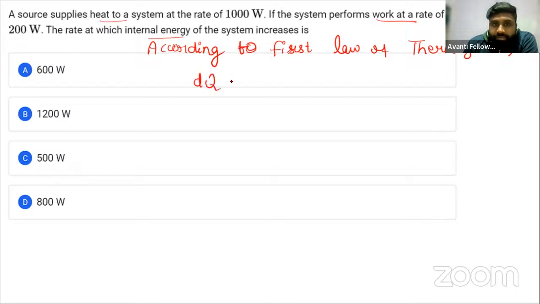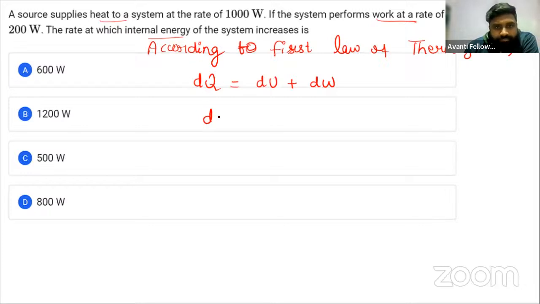we know that dQ is equal to dU plus dW. Okay, so if we are interested in the rate, because rate is given to us, we will differentiate this with respect to time.